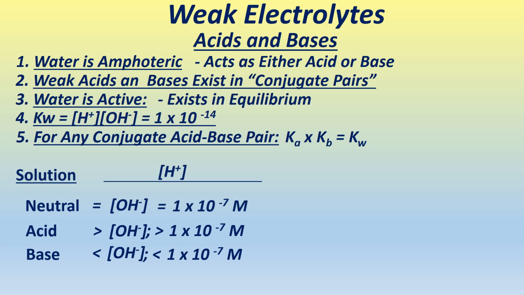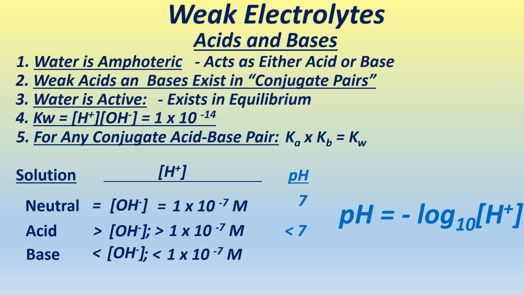This allows for a very useful tool that you've probably heard of, the concept of pH. Very simply, pH is defined as the negative base 10 logarithm of the concentration of H plus. As an aside, in general, as you study chemistry, the lowercase p denotes taking the negative base 10 log. In other words, p of x will equal the negative log of x.